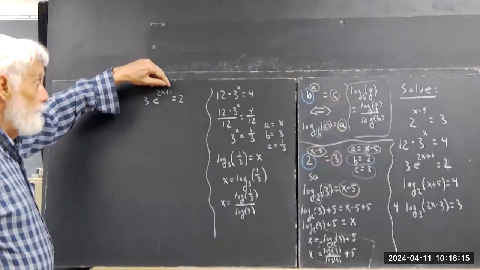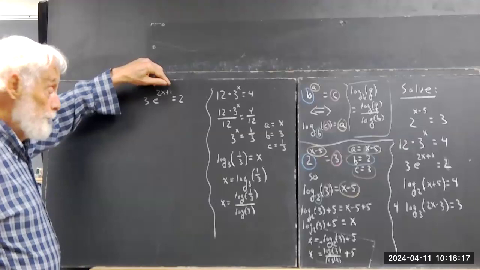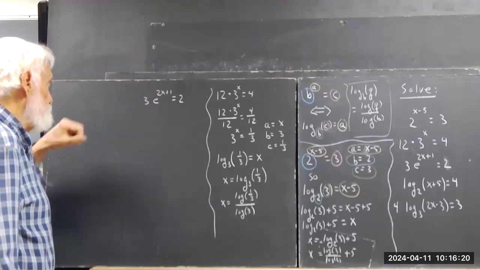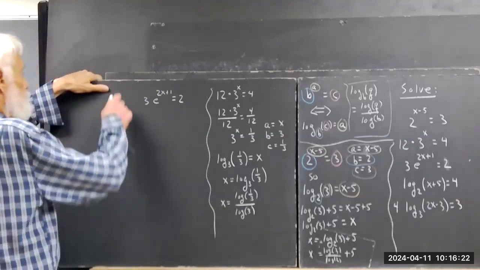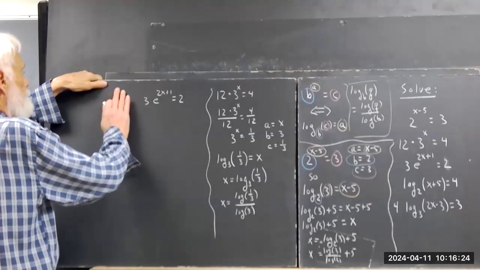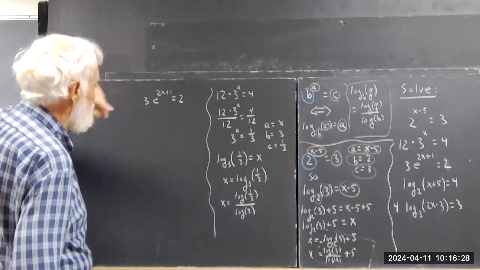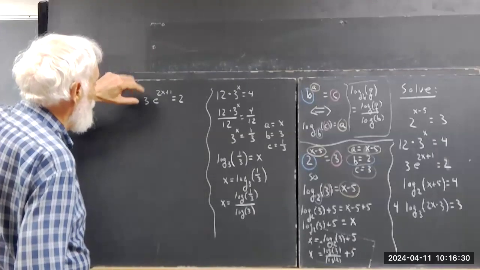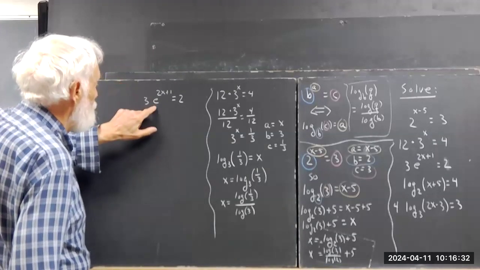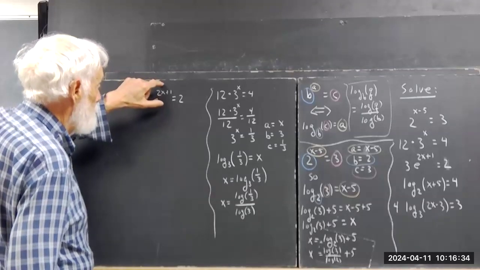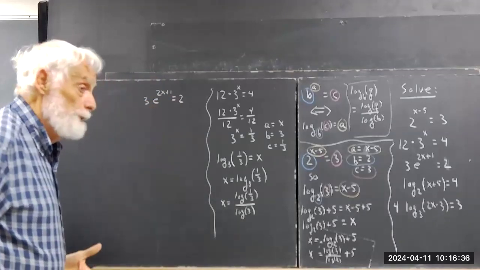Now, the problem is we have a number e to this exponent equals 2. e is a very specific number.